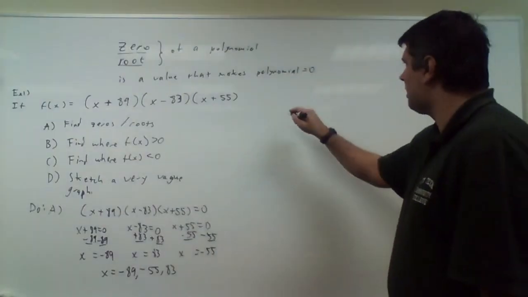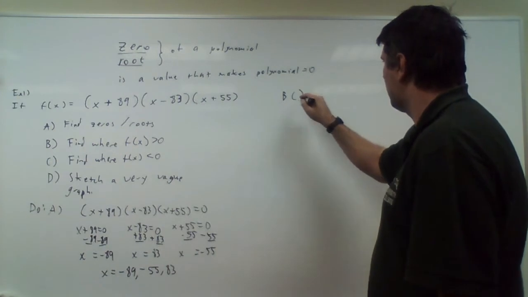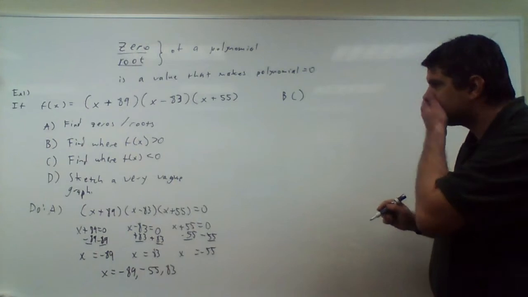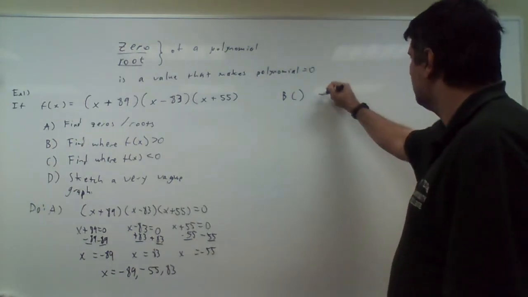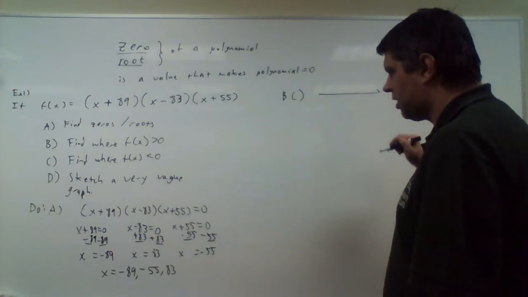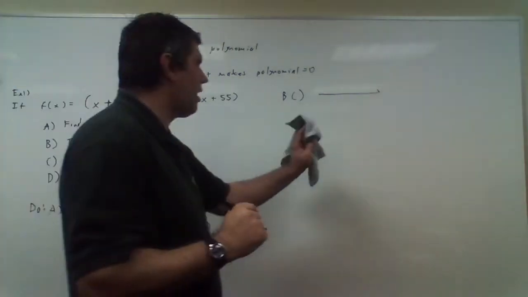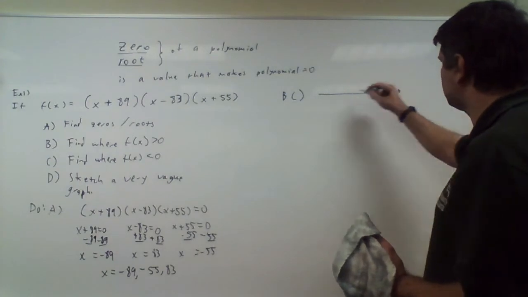Okay, part B and C. Both of them are done together, okay? What I recommend doing is plotting them on a basic number line with open dots.